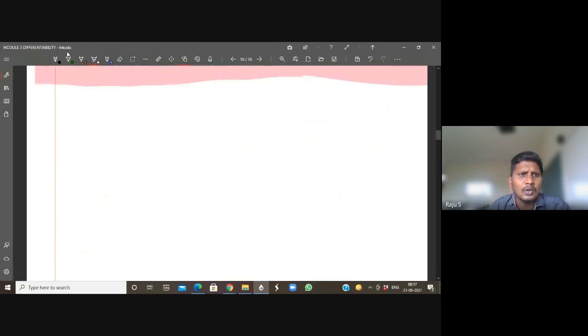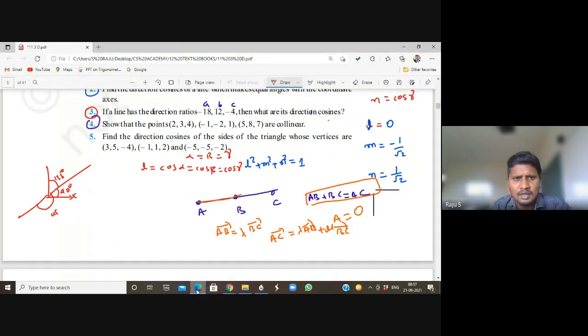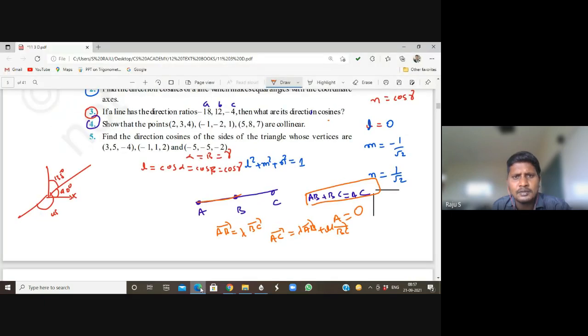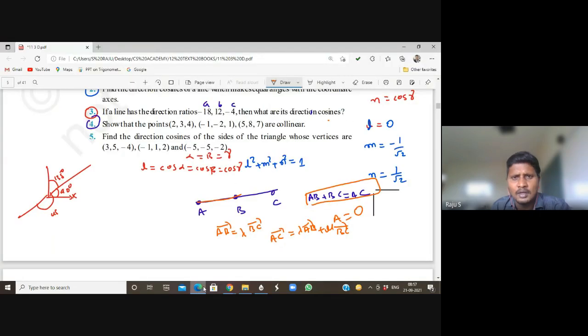Okay, what are the given 3 different points here in the question? Let us take A is equal to 2, 3, 4, and B is equal to another point, -1, -2, 1, and let us take C is equal to the third point, 5, 8, 7.